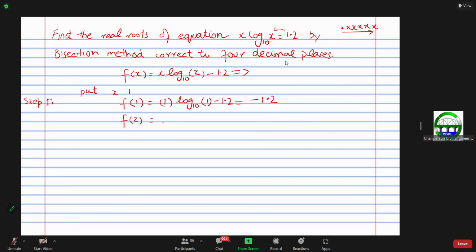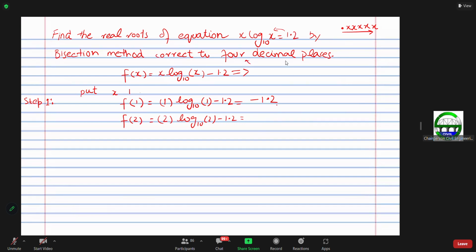Can anyone tell me? F of 2 will be 2 into log10 2 minus 1.2. What is its value? Can you tell me up to 4 digits? Because they are saying 4 decimal places.